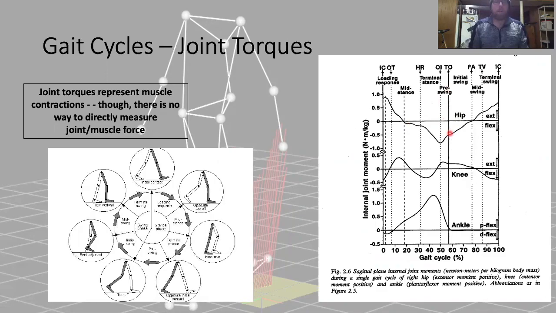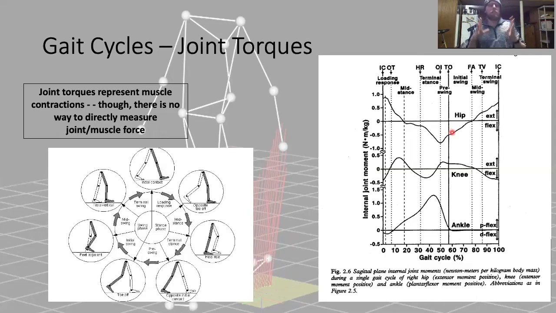Because if you're going into toe off, we should be really extending the hip into toe off, right? Well, that's weird. Why is there a big flexion moment during toe off?